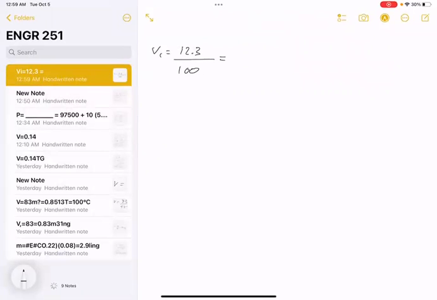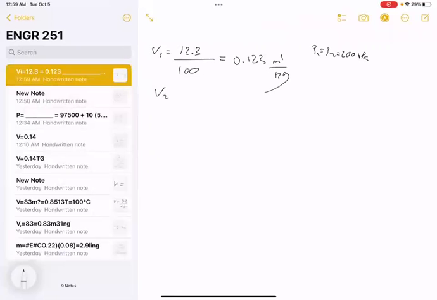I'm just going to open up the question on my other screen. 12.3 divided by 100, so 0.123 meters cubed per kilogram. All right, and we know pressure 1 equals pressure 2 is 200.